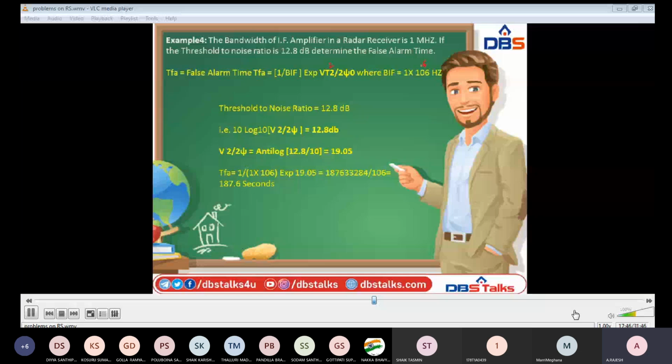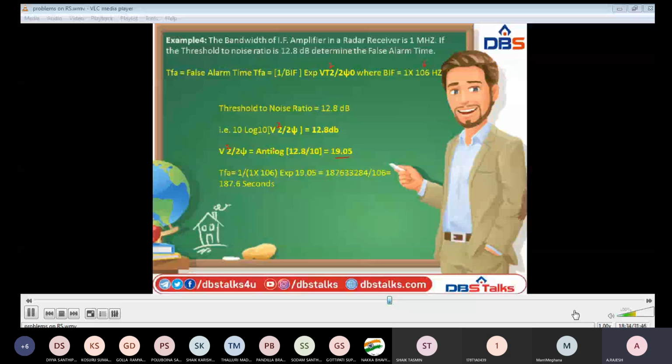So it will be 10 log of VT square by 2 psi naught, which will be equal to 12.8 dB. And VT square by 2 psi naught is equal to antilog of 12.8 by 10, which will be equal to 19.05. Before calculating that TFA, we need to find these values.